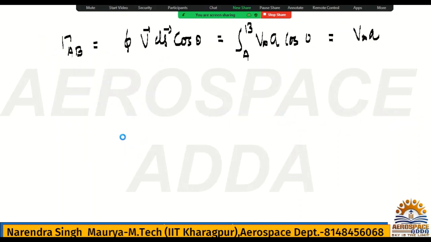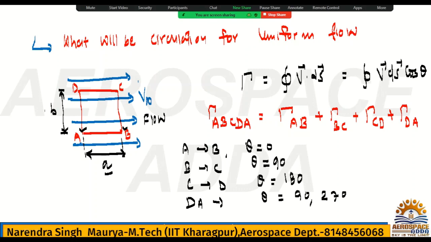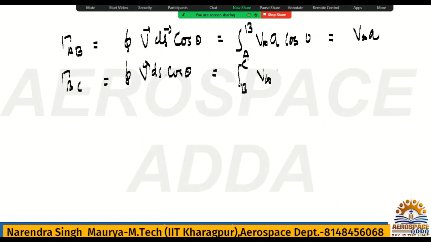Now you write BC. Circulation BC, again the same formula. Going B to C, velocity is V infinity. What is the side? B to C is B. So V infinity B cos 90. Cos 90 is 0, so you will get 0.